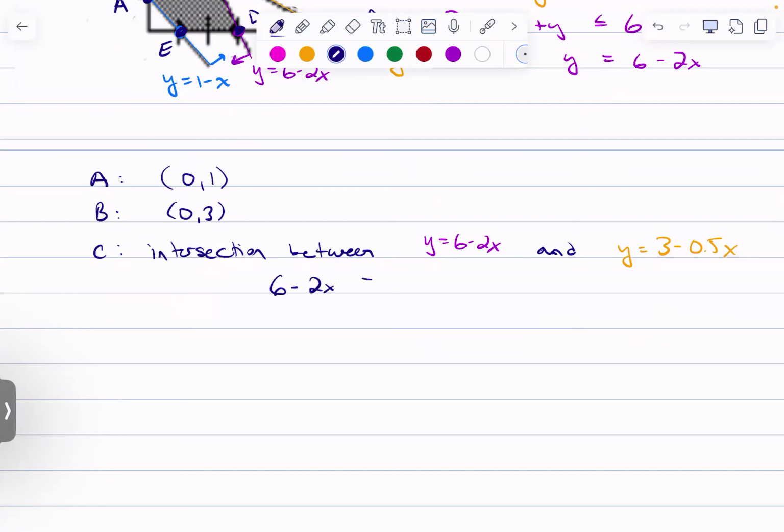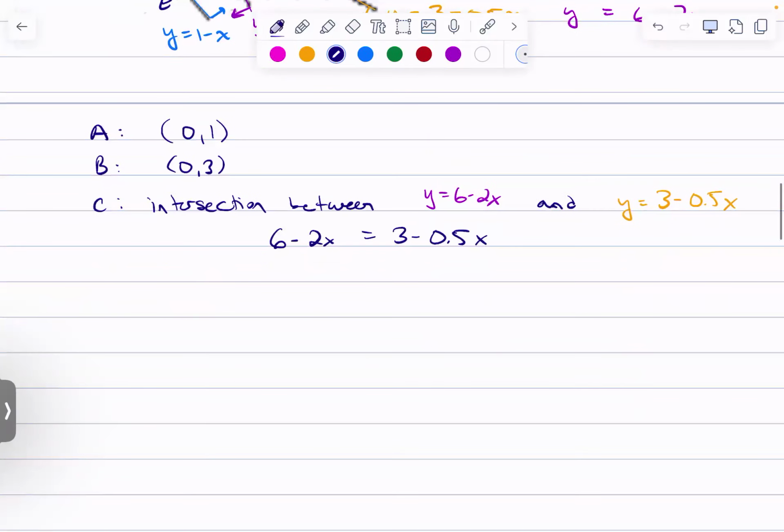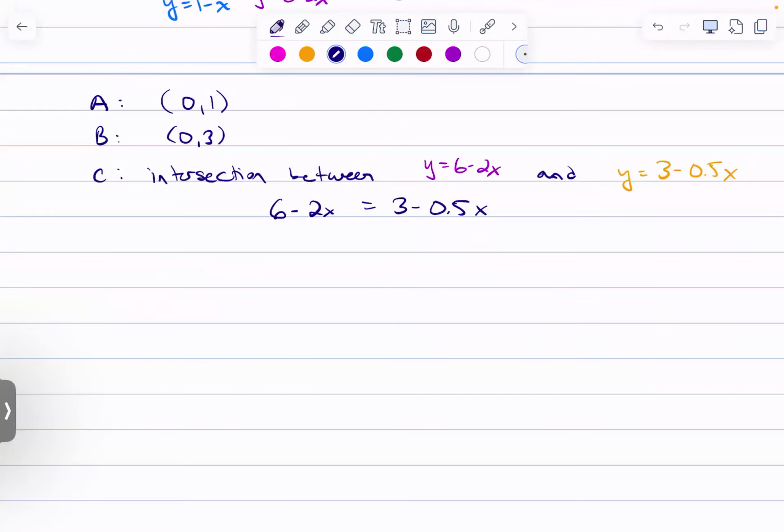6 minus 2x is equal to 3 minus 0.5x. Move all your x's to one side and move all your non-x's to the other side. It doesn't matter which one, as long as you shuffle them over. I like to move my x's to the left-hand side and my non-x's to the right-hand side.